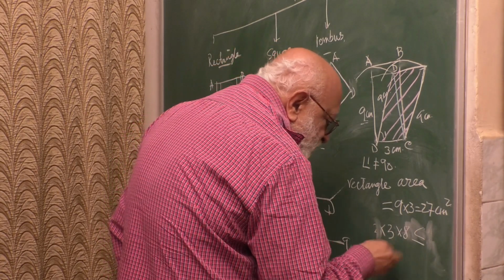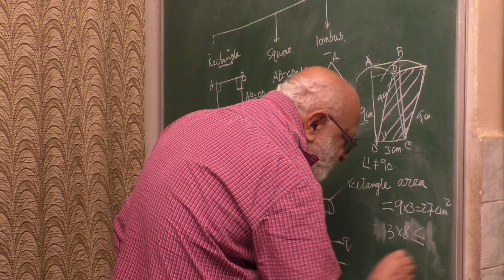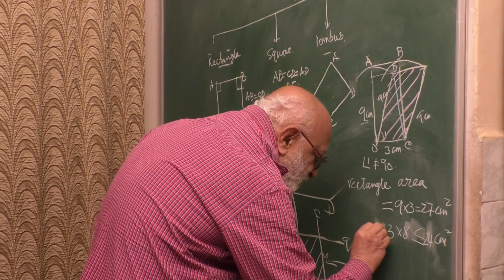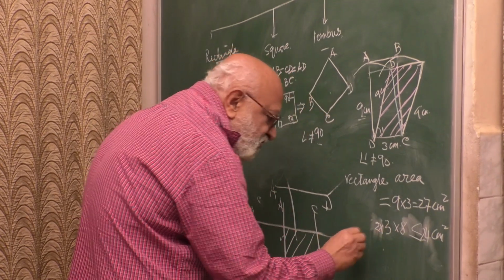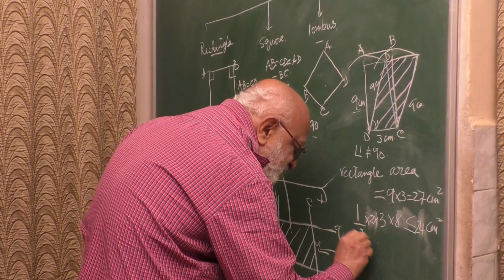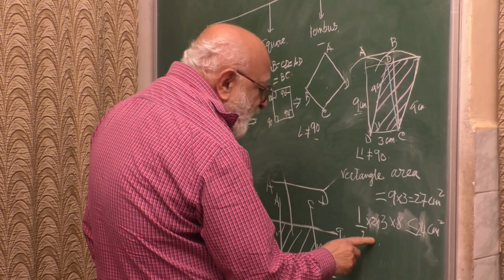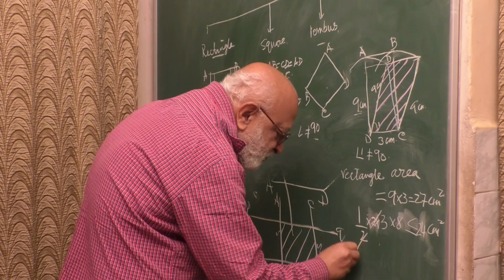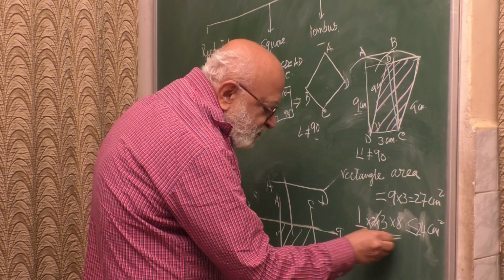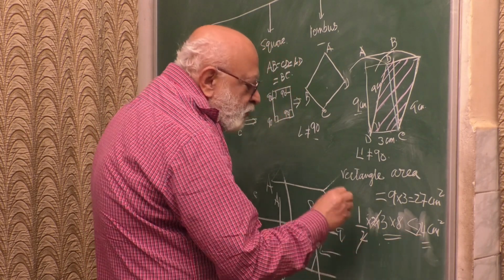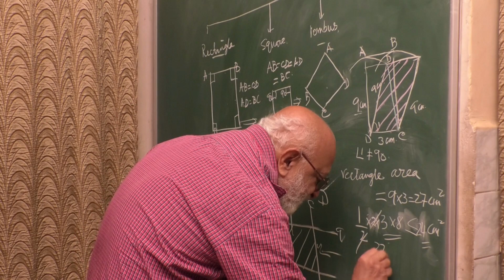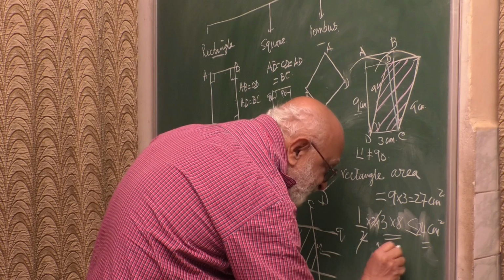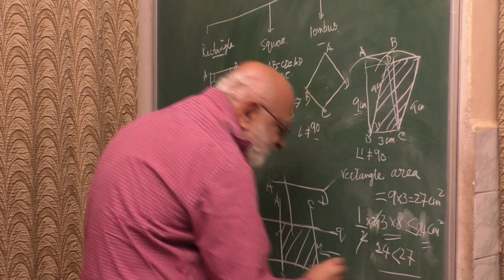This 2 is not necessary here, this will be about 24 centimeters. Let me explain why. The area of a triangle is half base into altitude, so this half and this 2 will cancel, and you will end up with 3 into the altitude, that is 24. So 24 is less than 27. Is that okay with you?